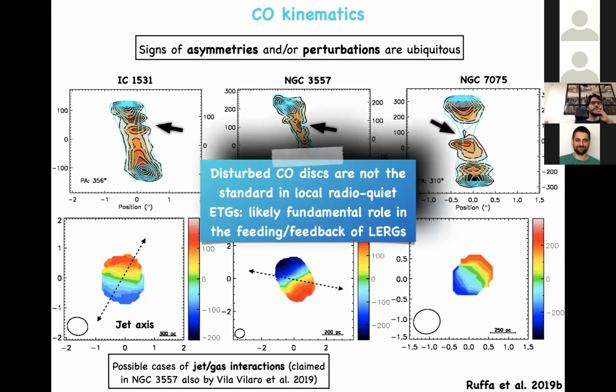But the take-home message that I would like to highlight from this analysis is that disturbed CO disks are not standard in local radio quiet early type galaxies, indicating that the gas reservoirs that we observed in these objects likely have a fundamental role in the feeding-feedback loops of LERGs.